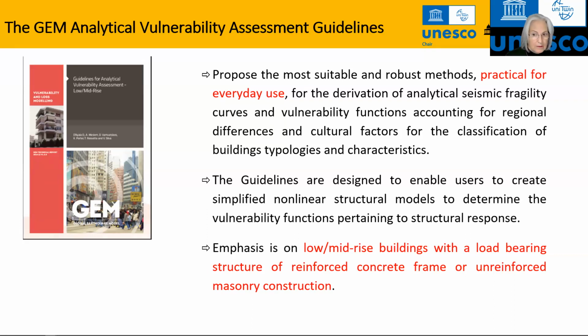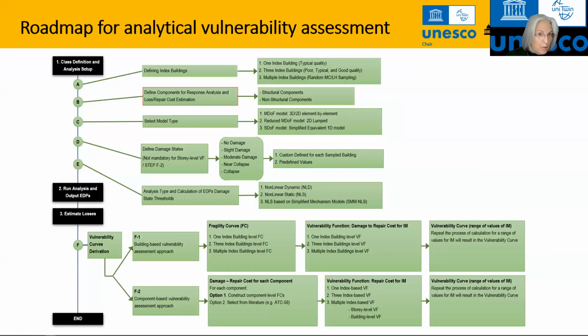The guidelines are designed to enable users to create simplified nonlinear structural models to determine the vulnerability function pertaining to structural response. And the emphasis here is on low and mid-rise buildings with a load-bearing structure of either reinforced concrete frame or unreinforced masonry constructions. However, the roadmap provided by the GEM guidelines is actually useful for any type of structures.